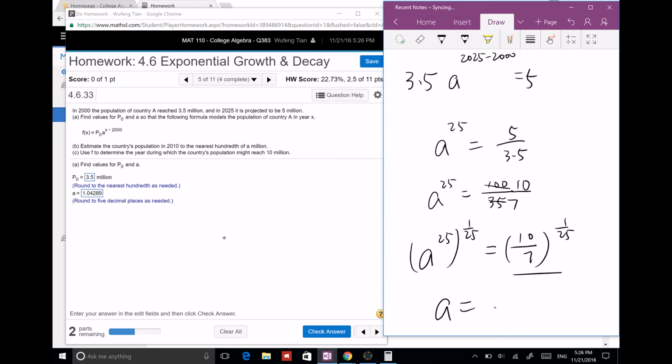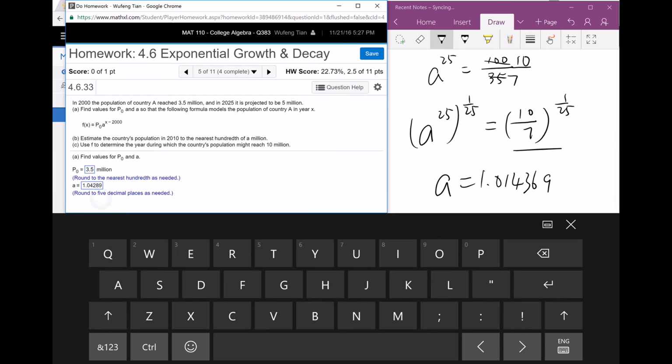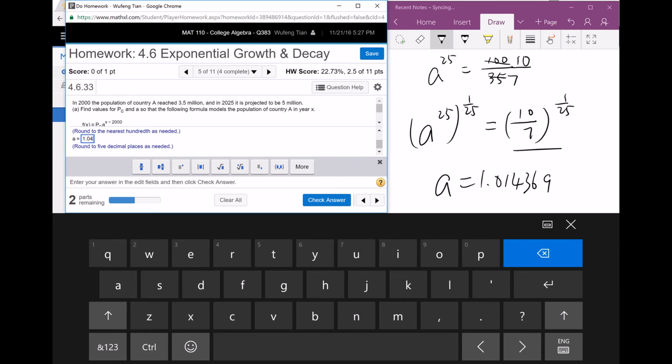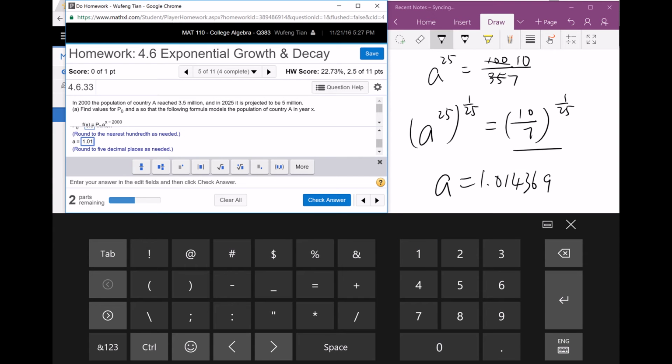Okay, this number is 10 over 7, raised to the power 1 over 25, equals 1.014369.